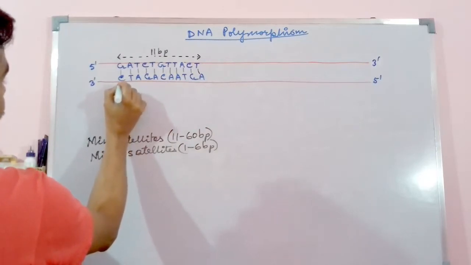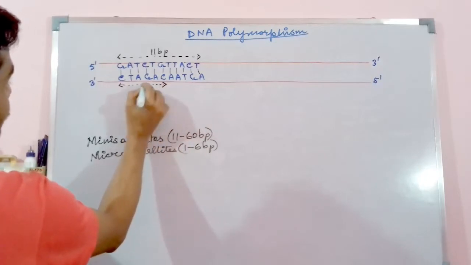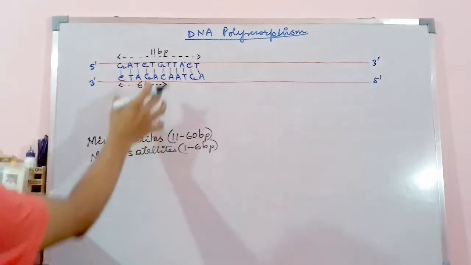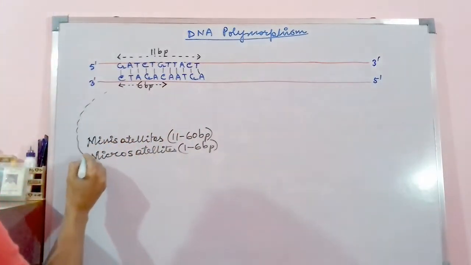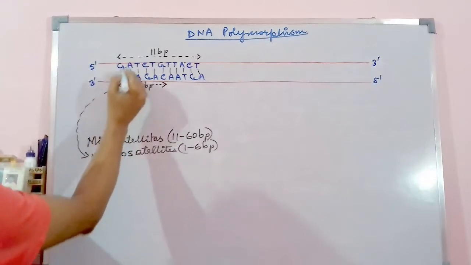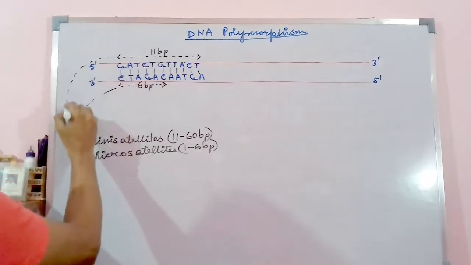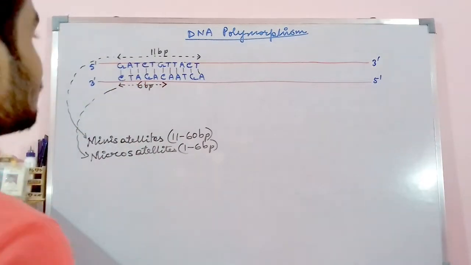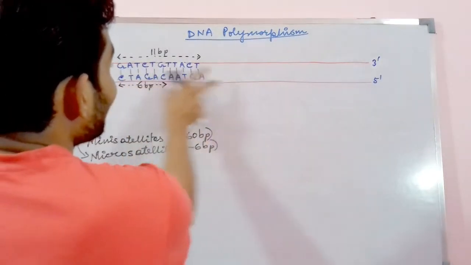From here up to here, this is almost 6 base pairs, which is called the microsatellite. This is the microsatellite, and this one is the minisatellite.